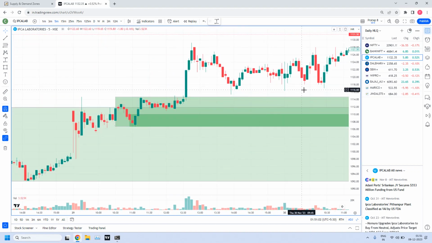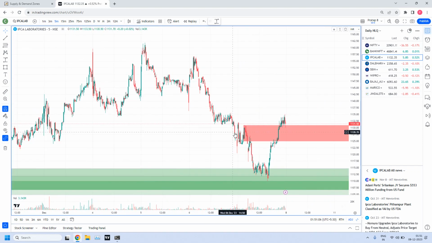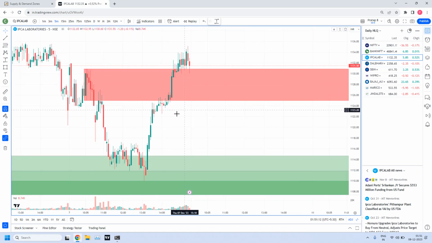And today what happened? Prices entered into this area and after that see how price pushed up. See, today from here prices came down. Today the 7th, right? Came down. And finally we got the entry at 1 o'clock, on the 5 minutes.